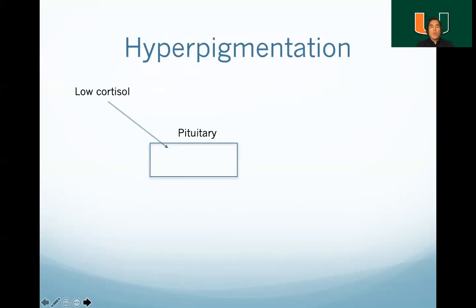Now, we mentioned a lot about hyperpigmentation that occurs in primary adrenal insufficiency, right? What causes it? So remember, you have very low cortisol, right? Low cortisol has a positive feedback to the pituitary gland. So the pituitary gland doesn't just secrete ACTH, it secretes a protein called POMC, right? It's pro-opiomelanocortin, which is a long peptide, which is then cleaved into smaller peptides, right?